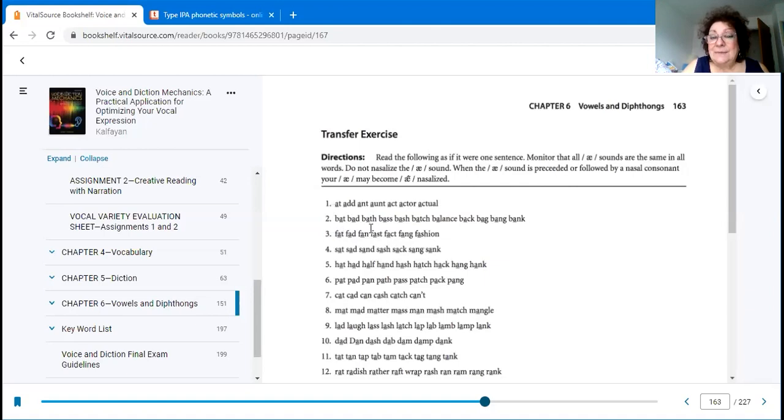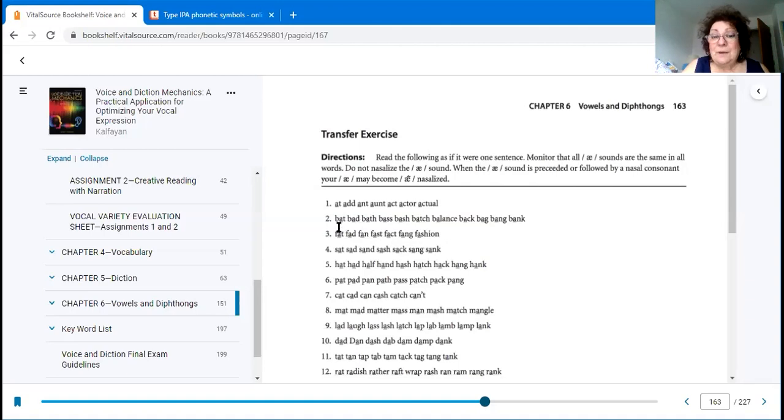Bat, bad, bath, bass, bash, batch, balance, back, bag, bang, bank. Just looking at this. Bang, NG, bank, NK, nasalized. So I may say bat, bad, bath, bass, bash, batch, balance, back, bag, bang, bank. You can hear the difference.